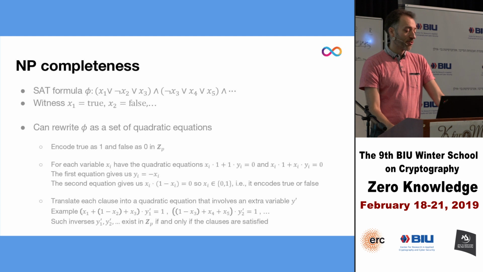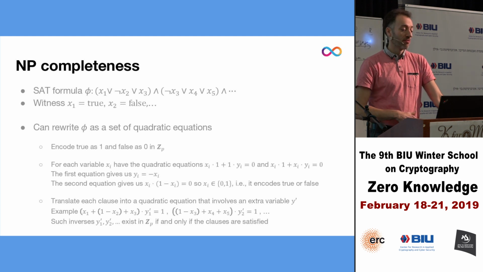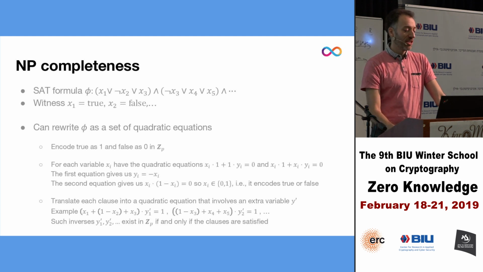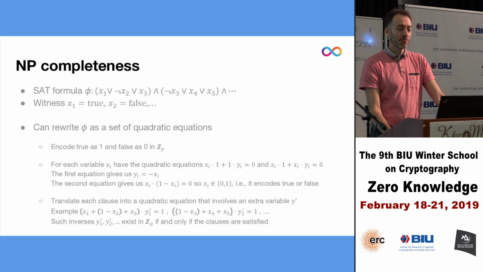If, on the other hand, one of the clauses is not satisfiable, that means you would have something that adds up to 0. In that case, no inverse will exist. So if you can satisfy all these equations simultaneously for all the clauses, that means all of the clauses will have at least one non-zero truth value, in other words, the OR of them will be true.